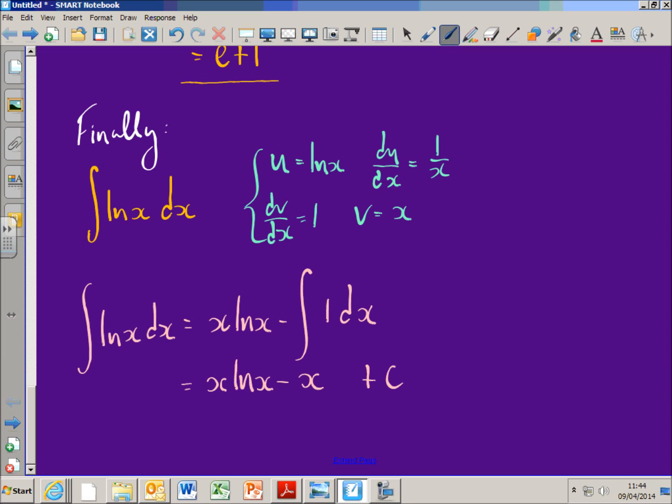Okay, but the point of me doing this one is, it's nice to know what ln x integrates to and be able to do it. Okay, because it's just a common function. Second thing is, the two things that you're multiplying together, those two products, aren't always what you think. Okay, for example, let's say you had x squared ln x.